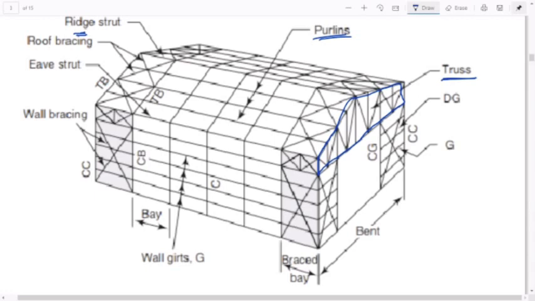This is the ridge strut at the top, and roof bracing. You can see this is the bracing, and this is the wall bracing which is given for the wall, and this is what we call a bay. And these horizontal members that are on the vertical side are called wall girts.